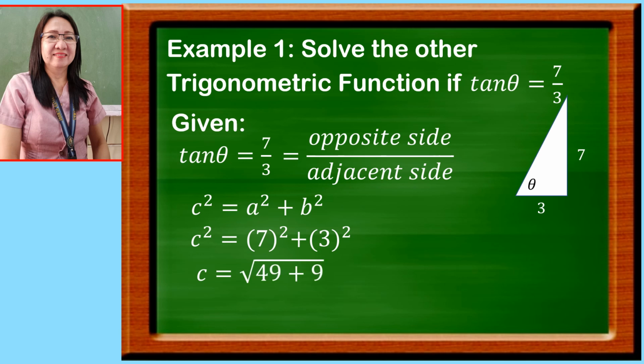So simplifying this, getting the square root of both sides. So c is equal to the square root of the square of 7, which is 49, and the square of 3, which is 9. Then combining 49 plus 9, we will get 58. So the value of c is the square root of 58. Let us put this in our hypotenuse.